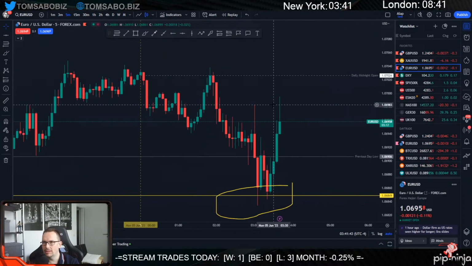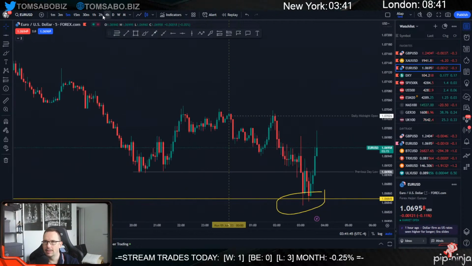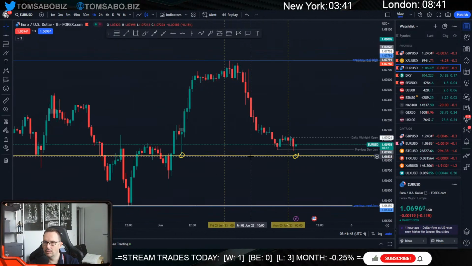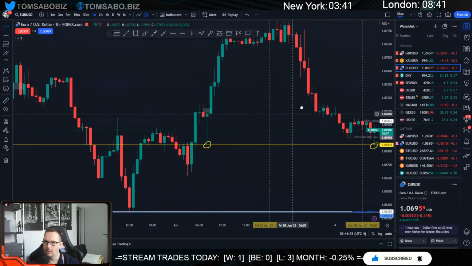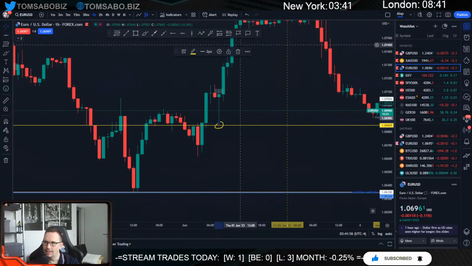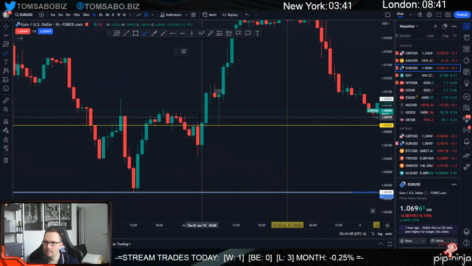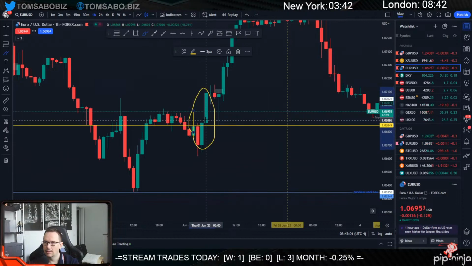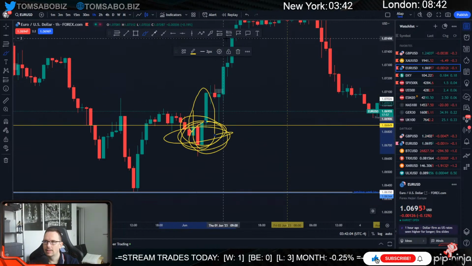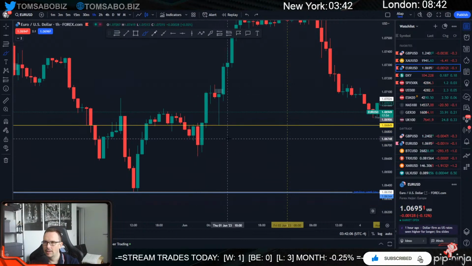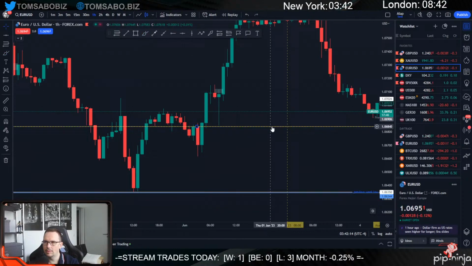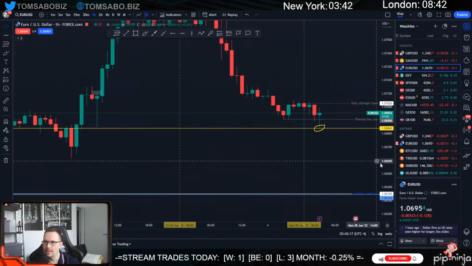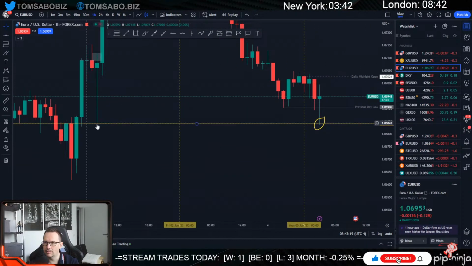I don't like that it wicked all the way up there, but I like the fact that we tapped into a bit of a bullish order block on the hourly. Look at this. Not the perfect one, and we didn't really go through with it, but this here, especially this, is a bullish order block. So that's the range. Let me put it right here. Yeah, we tapped into that bullish order block right there.